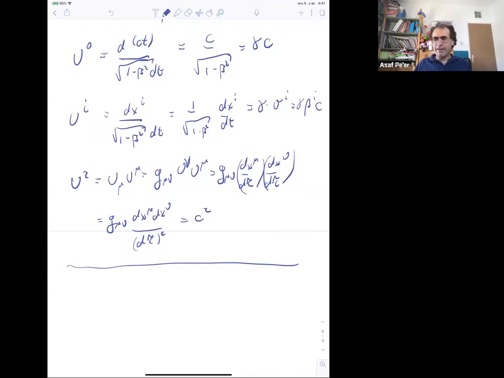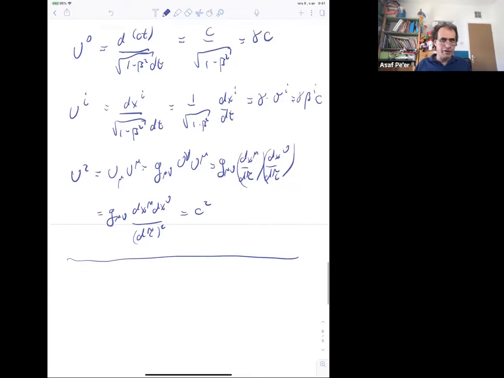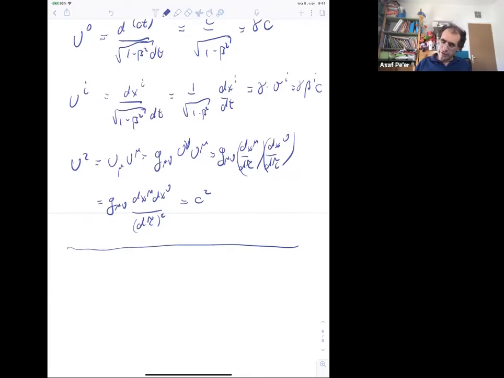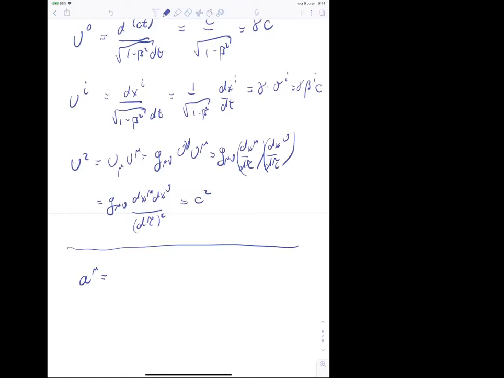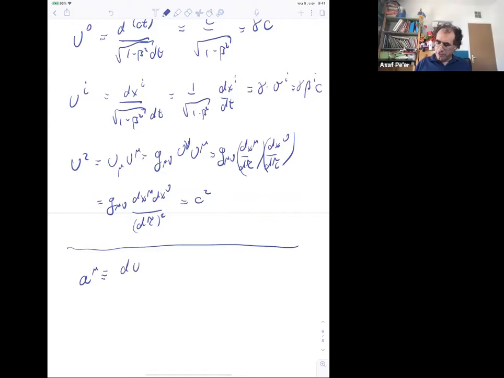Okay, the next step again is quite straightforward. Now I can define the four-acceleration, A mu. Four-velocity derivative with respect to proper time, of course, du mu over d tau. Thank you very much.